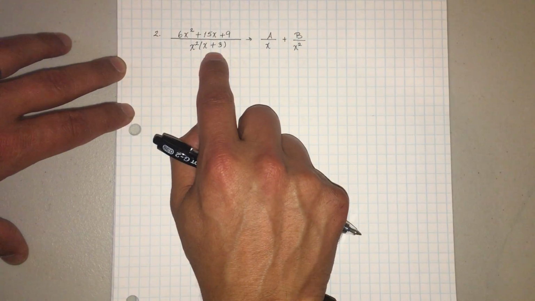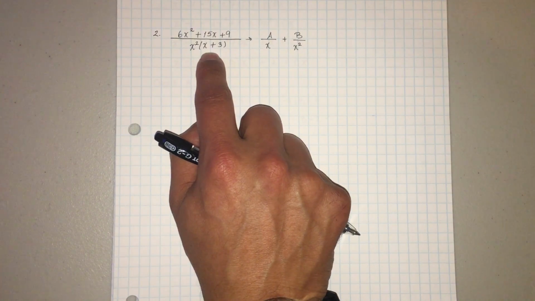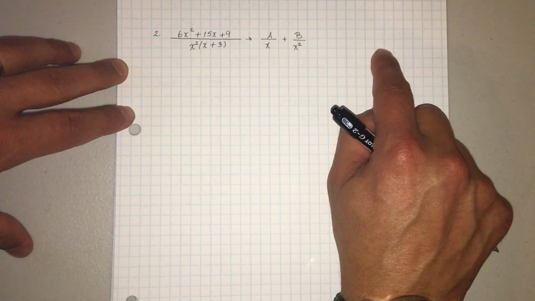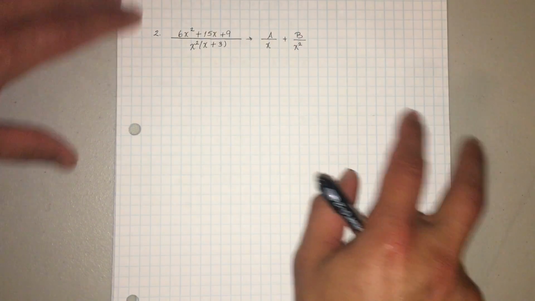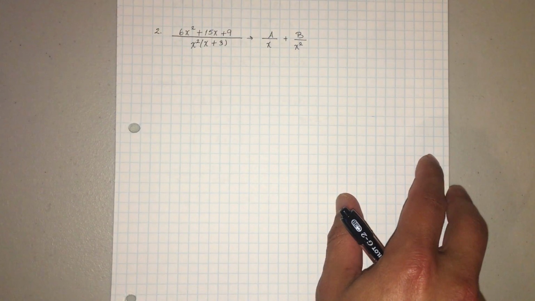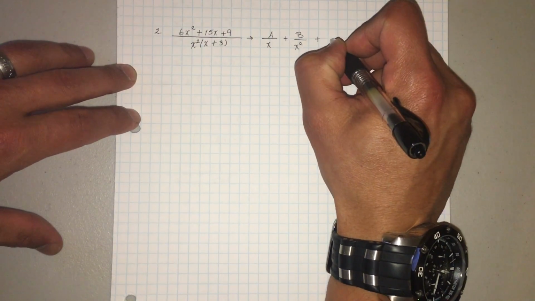Same thing here. If this was, let's say, x plus 3 to the second power, then you would have to do x plus 3, and then x plus 3 to the second power, because they have linear factors that are doubled. And what you would have to do is incorporate that into this one here.